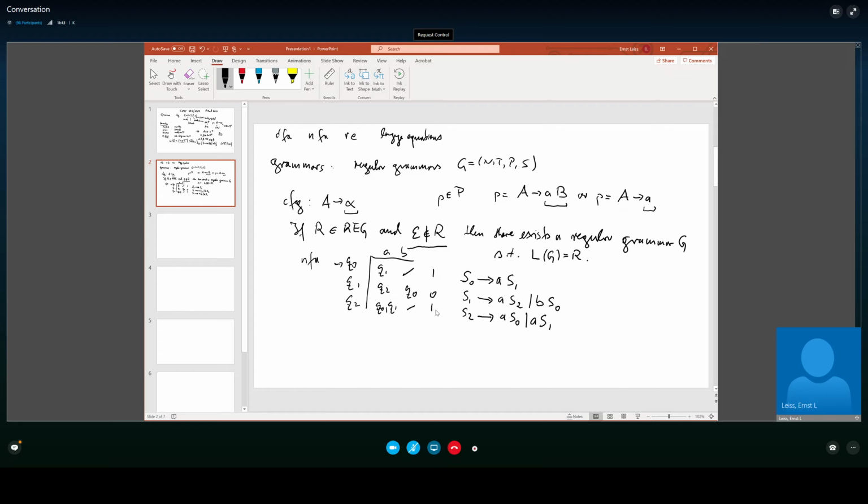How do we capture that? Well, in the automaton, if we are in state Q1, for instance, and we go with an A to state Q2, it would be possible that we finish there.